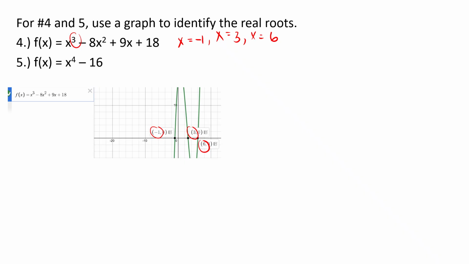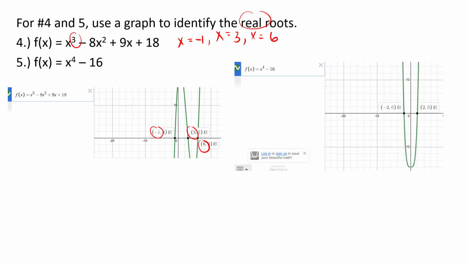Now the next one is x to the 4th minus 16. So I know that we are looking for 4 roots, but this is asking us only for the real ones, which is good news because some of those are not real.